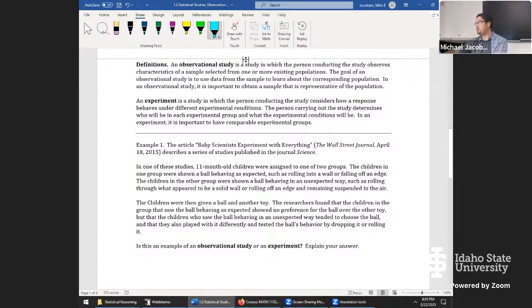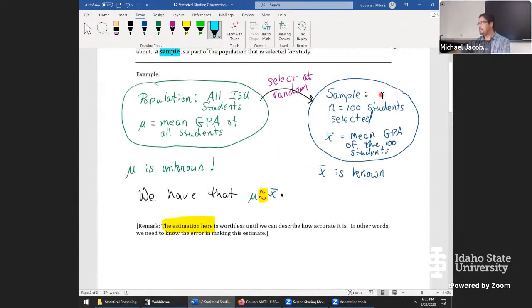Our author states that the observational study happens when the person conducting the study observes characteristics of a sample selected from one or more existing populations. Well, that doesn't sound too interesting on its own, but that's essentially what was happening in our example above. This is an observational study, since we just took the 100 graduate students.